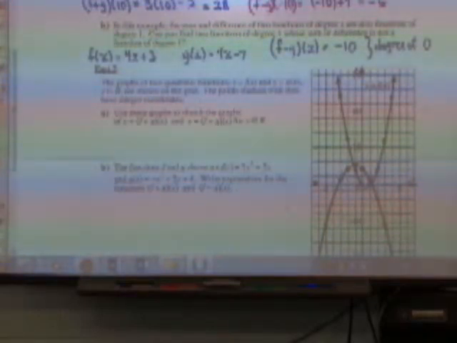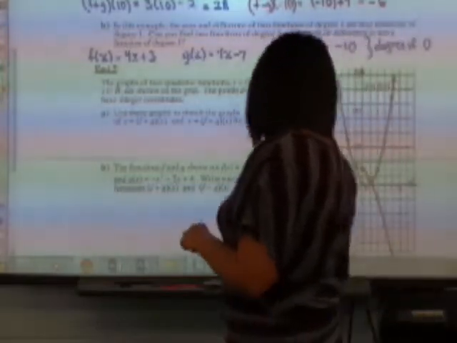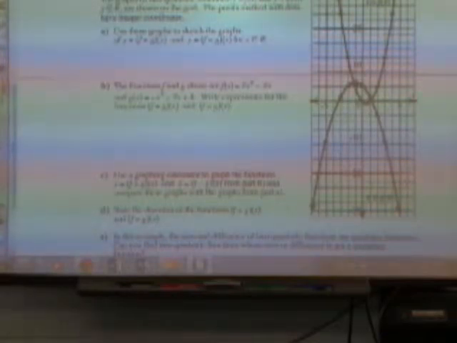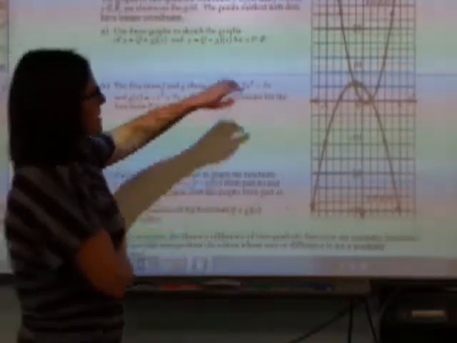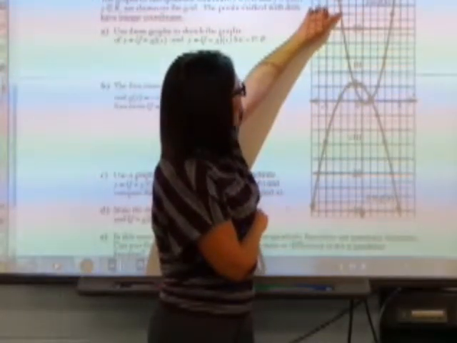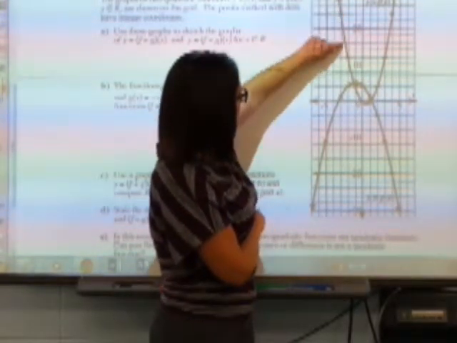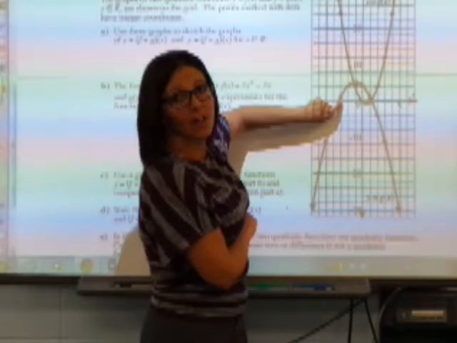Okay? So now let's look at quadratics. The graphs of two quadratic functions, f of x and g of x, where x is an element of the real number system, are shown on the grids. The points marked with dots have integer coordinates, which means this point right here is at 24 for the y value and 3 for the x value.